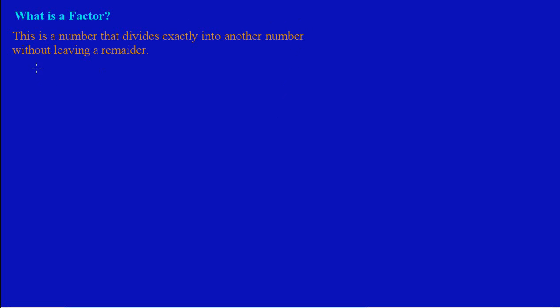Let's look at some examples to help you understand the key concepts. Let's say I had 6 butterflies: 1, 2, 3, 4, 5, 6.